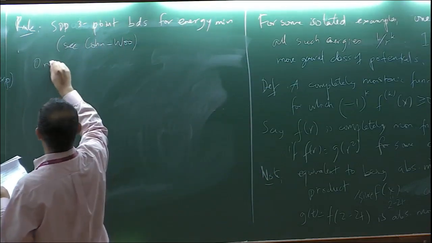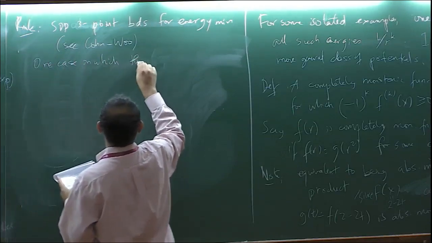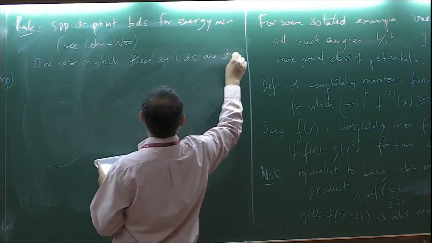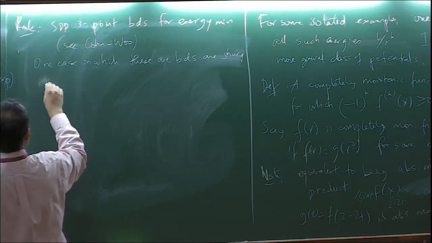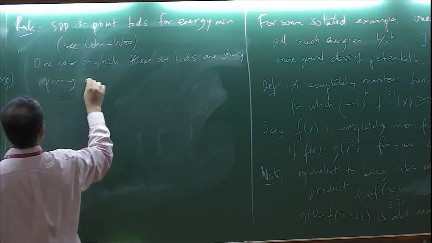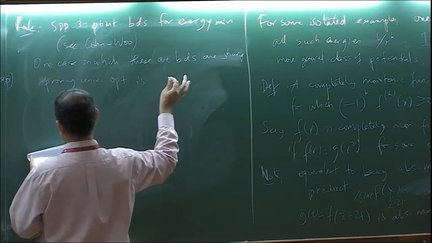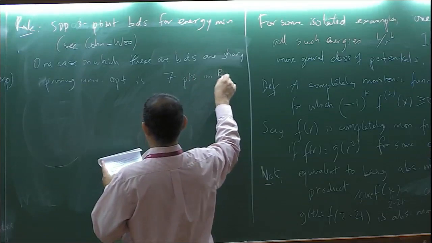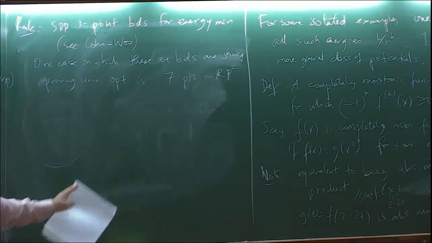So one case in which these bounds are sharp, sorry, in which I'm proving universal optimality, is actually projective examples, 7 points on RP2. And where do these 7 points come from?